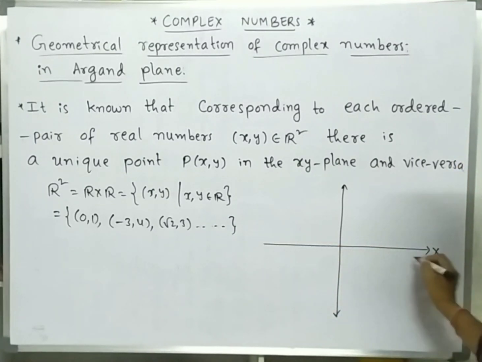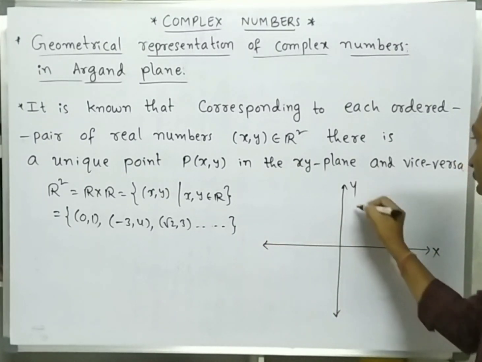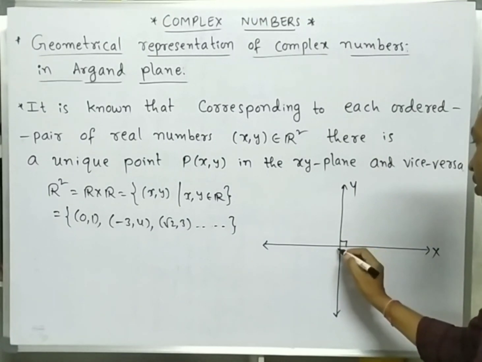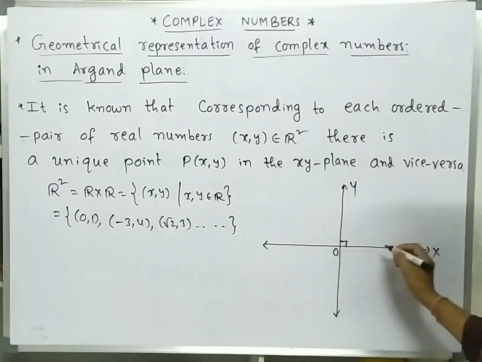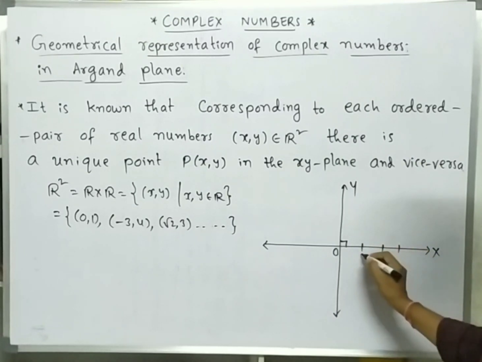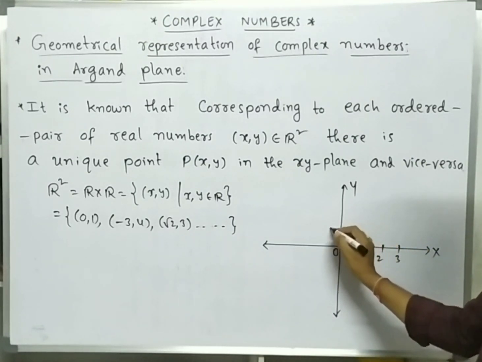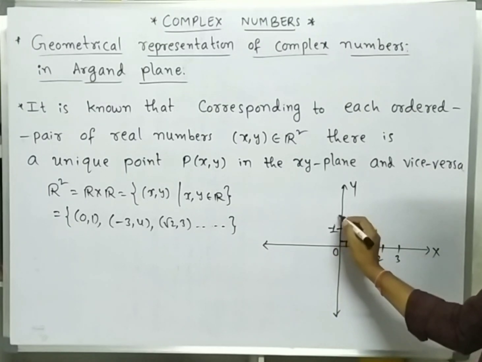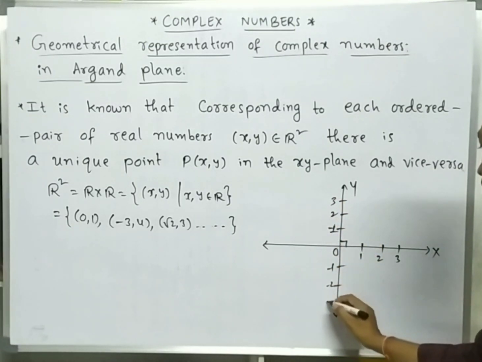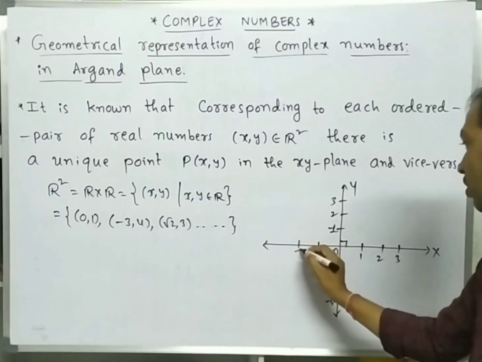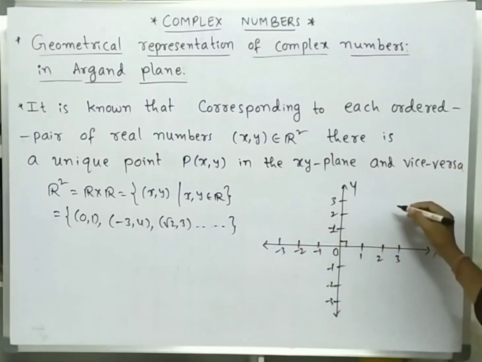Now the xy plane is nothing but this is the x-axis and this is the y-axis. They are mutually perpendicular and intersect at the origin, right? So 1, 2, 3, and minus 1, minus 2, minus 3 on both axes.